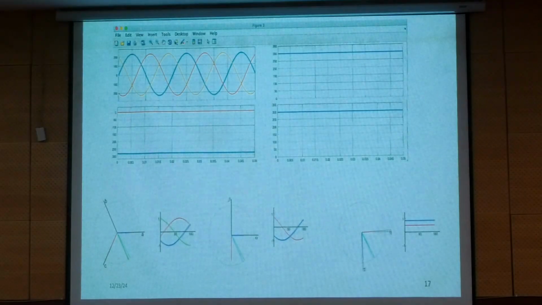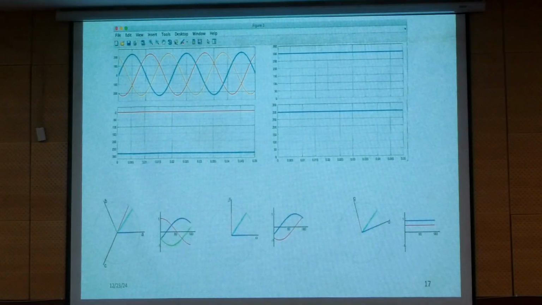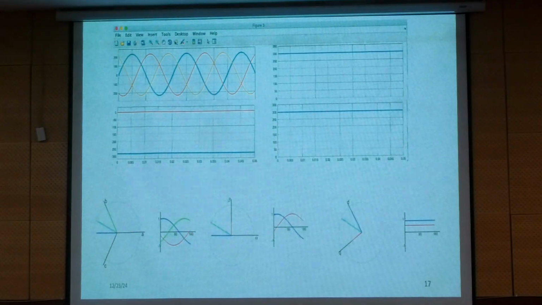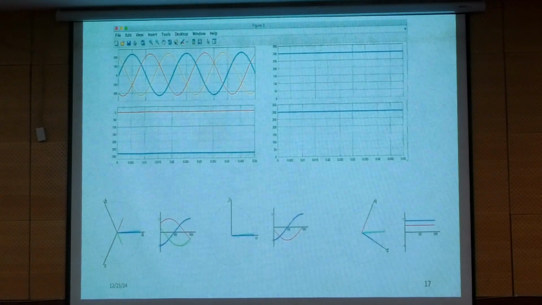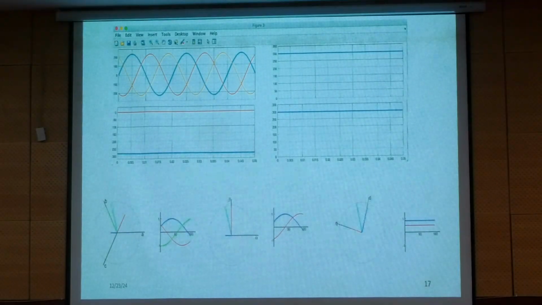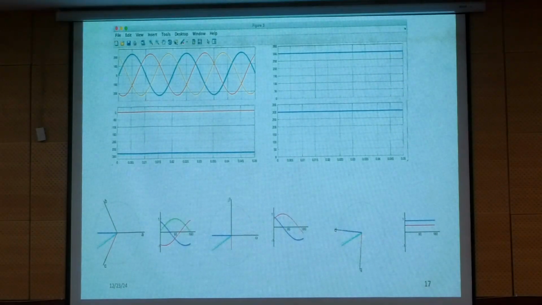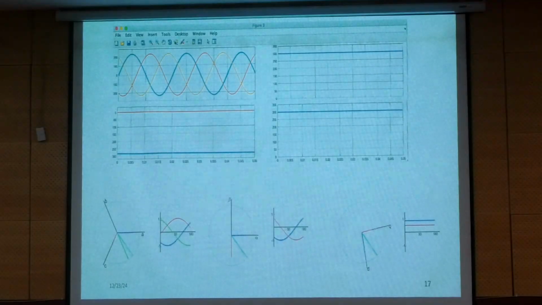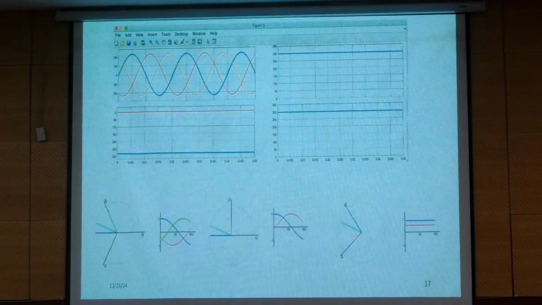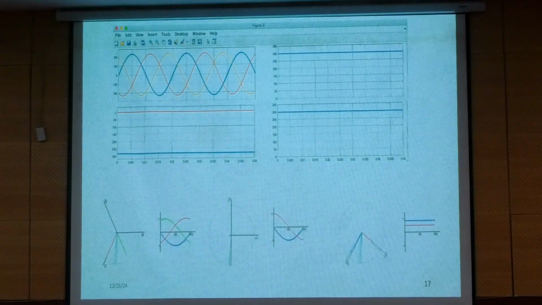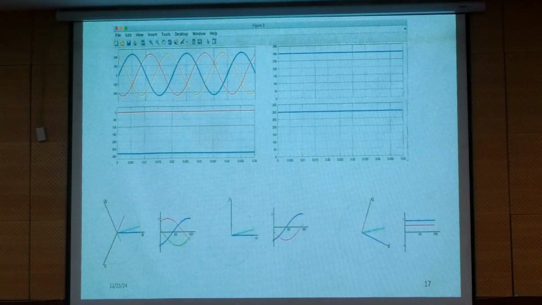One is transformation, another one is orientation, last one is V by F. By adopting these 3 logics, we can change the characteristics of the machine from 7th order to 1st order in case of the induction machine. In case of the PMSM machine, it changes from 4th order to 1st order, right? So now tell me what are the conclusions here.